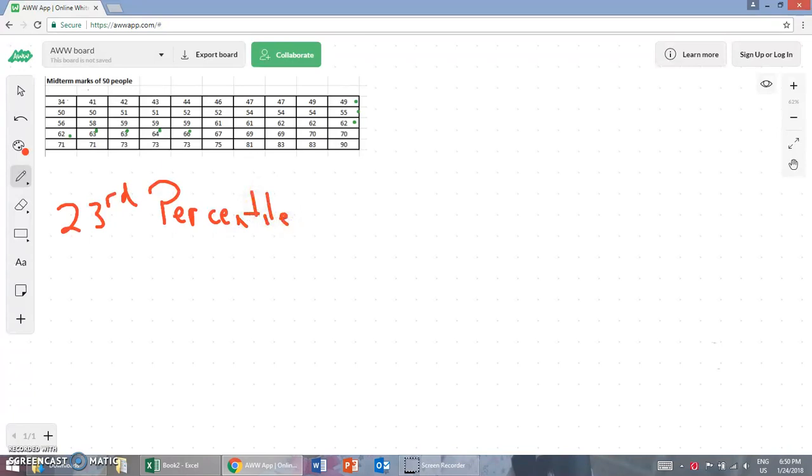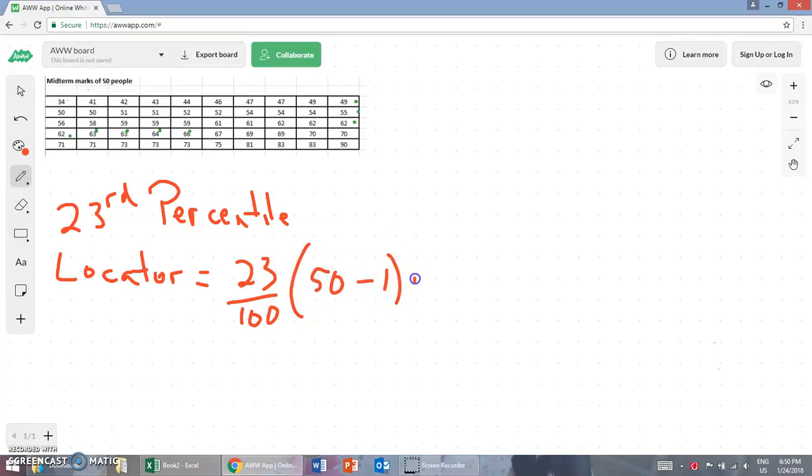The first step is to get a location value. The locator is going to be 23 over 100 times n, where n is 50, minus 1, plus 1. So the 23rd percentile is going to be located at the 12.27th position, somewhere above the 12th, below the 13th position.